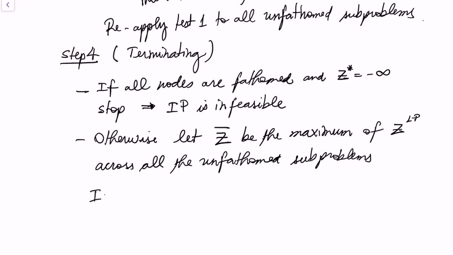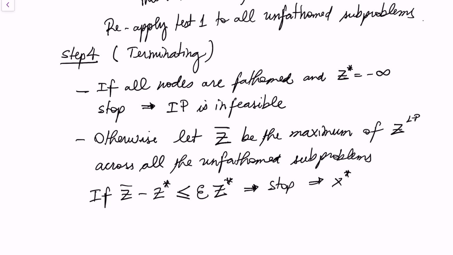Then if z bar minus z star, that's the incumbent solution for the IP, is less than or equal to an error times that incumbent solution, we will stop the algorithm and say that the incumbent solution for the decision vector is a solution within the error term times 100, right, of the optimal solution.